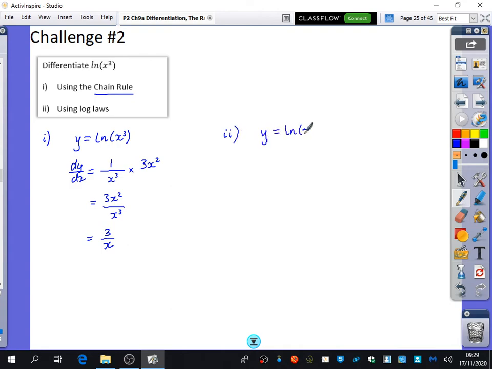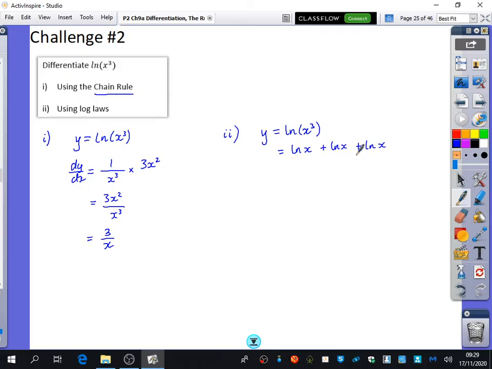So ln of x cubed, how else can I write ln of x cubed? I could do ln x plus ln x plus ln x. Okay, I'm going to do it that way, and I'm going to do another way in a second. This is the same as ln x plus ln x plus ln x, because Shahan knows that when you add the logs together, you're actually multiplying all of these things together.